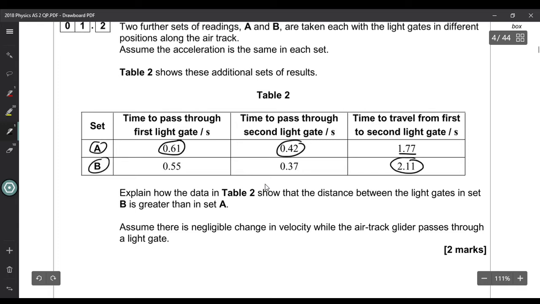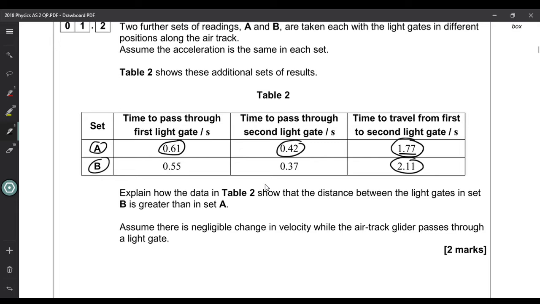It's 2.11 seconds there, but it's only 1.77 seconds in A. Now, a lot of students just put that, because the distance in B is greater than the distance in A, therefore it must be longer.